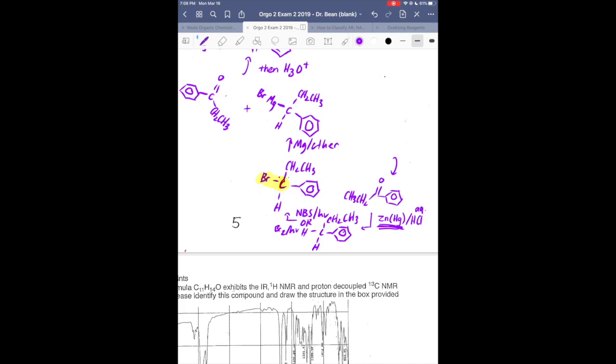So what's another name for that type of reduction? So you should be saying Clemmensen. And Clemmensen is in acidic conditions, okay? So that might be something to watch out for a little bit later in the course, okay?